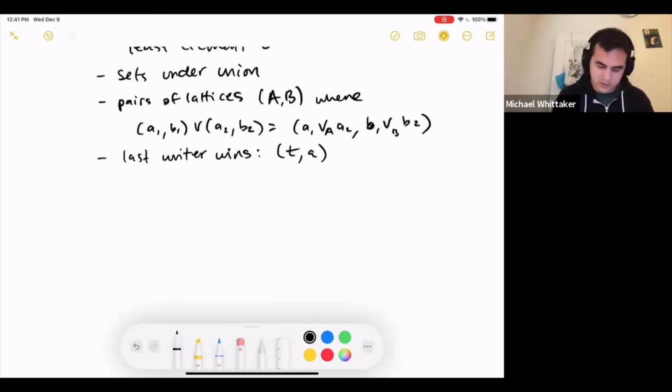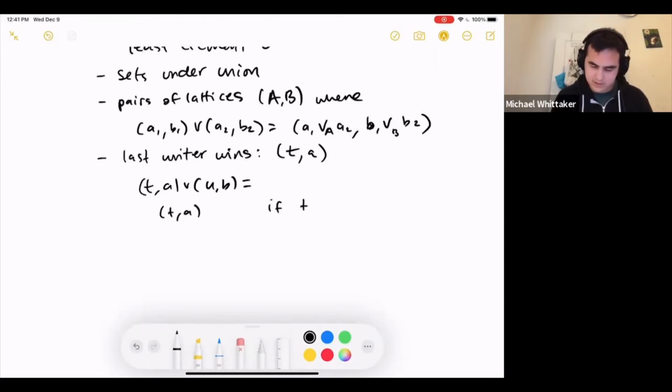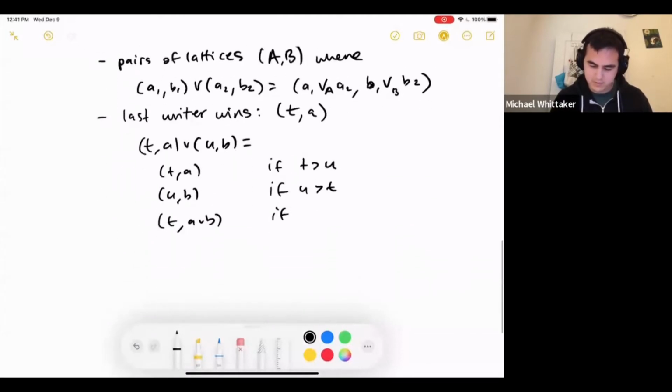And the way I join two lattices, TA join UB, is going to be TA if t is bigger than u, it's going to be UB if u is bigger than t, and it's going to be T A join B if t is equal to u.